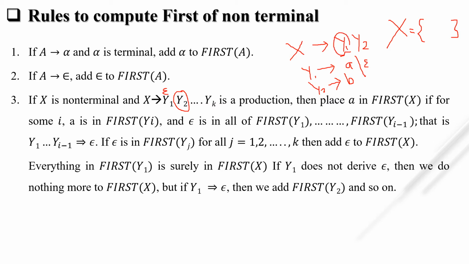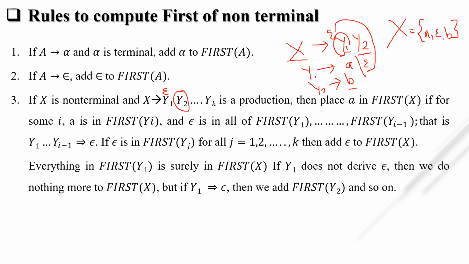What is the first of Y1? Small a, and also null. Now I can put this null in the place of Y1. So if I put null here, then what is the first of this X? The first of this X is Y2. And what is the first position of Y2? This small b. So small b is also considered in the first of X.